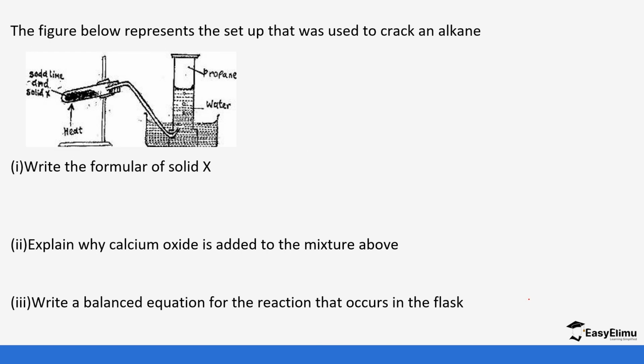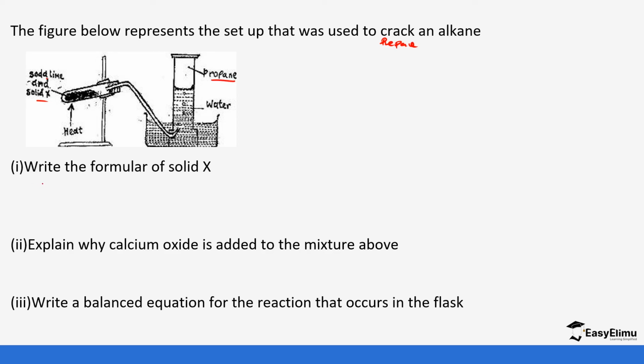So let's look at a few questions in regards to what we have discussed. The figure below represents the setup that was used to crack an alkane. Write the formula of solid X. So this is basically not to crack, it is to prepare. We have soda lime and solid X, and we are preparing propane.